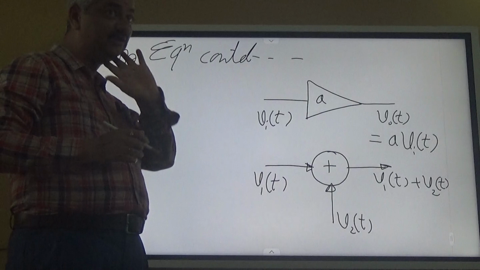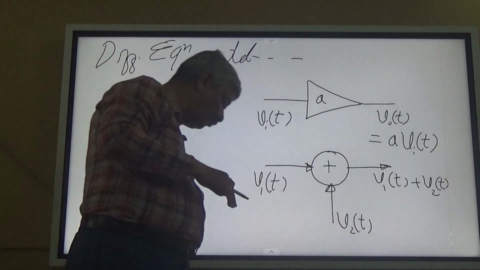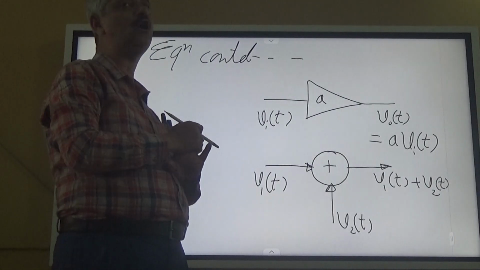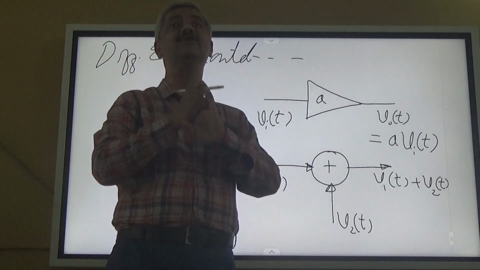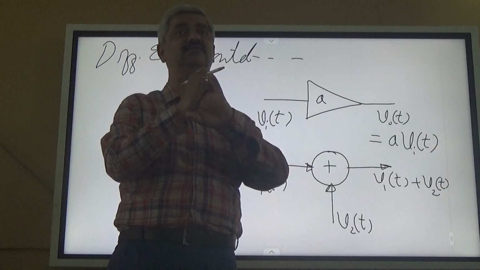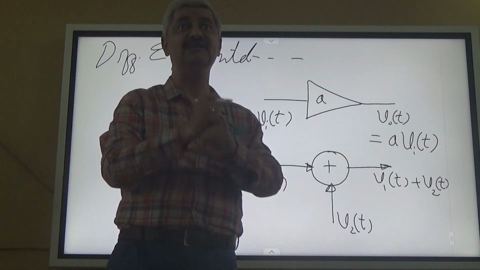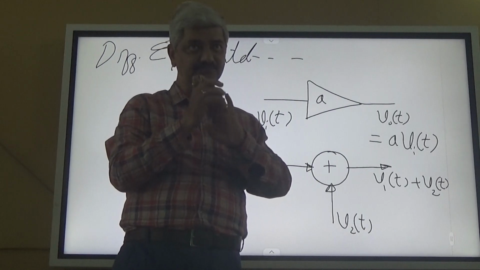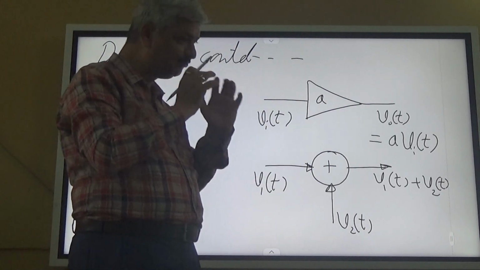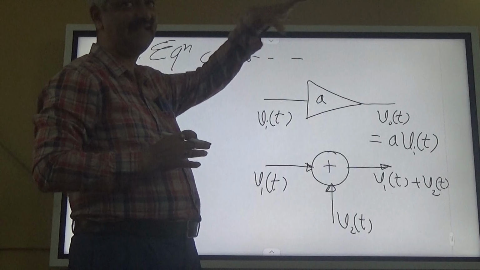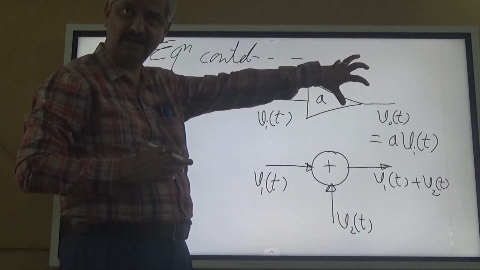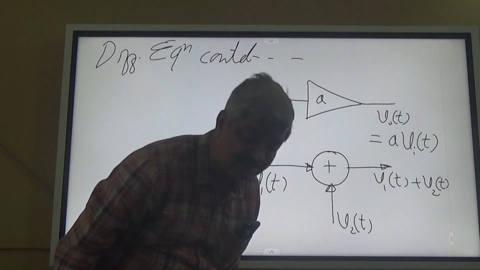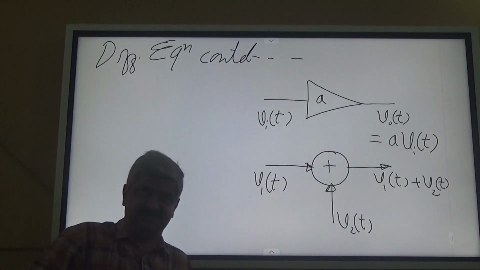And with this active circuit, we can go for many differential equations which we cannot materialize using passive components. Using only passive components, there is a limited range of differential equations which you can achieve. Now, this discussion is called analysis.